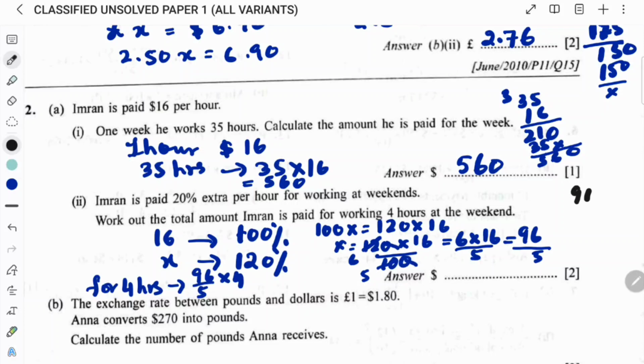So 96 times 4. 4 6s are 24. 4 9s are 36, 37, 38. 384 divided by 5. It's easy now. Okay, so we are going to do the division now.